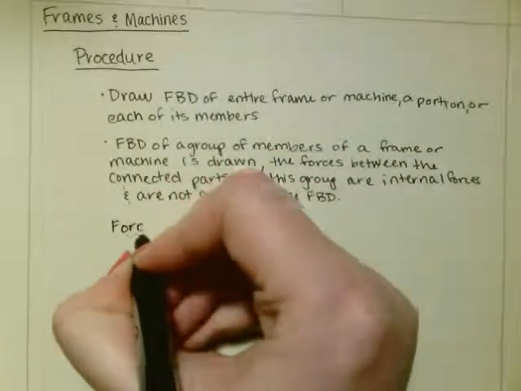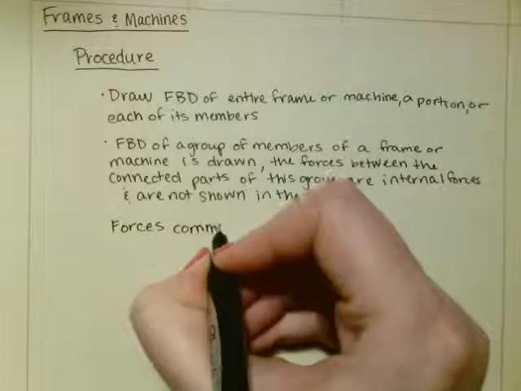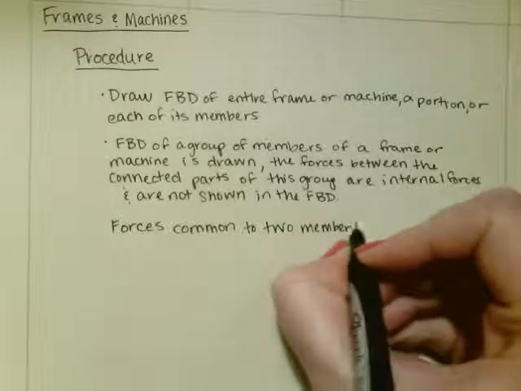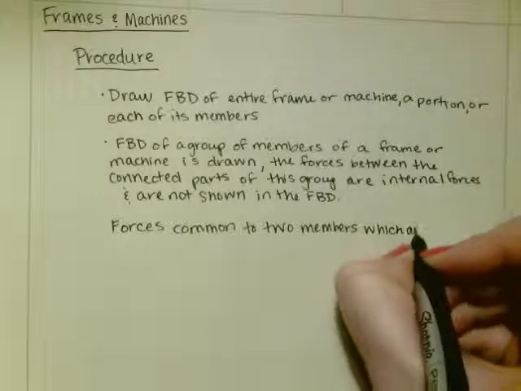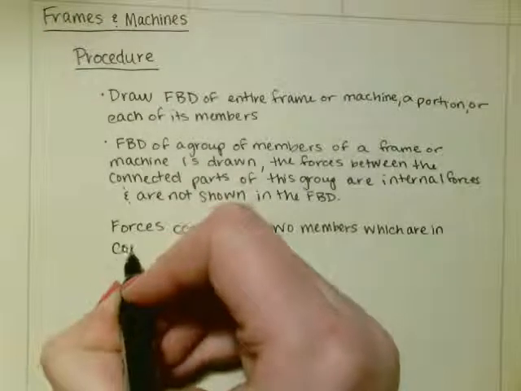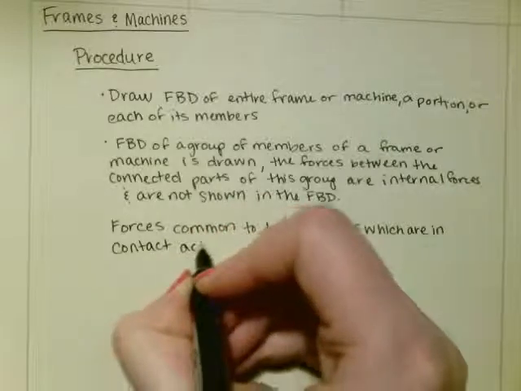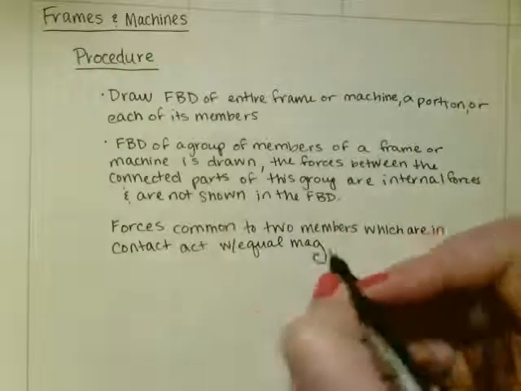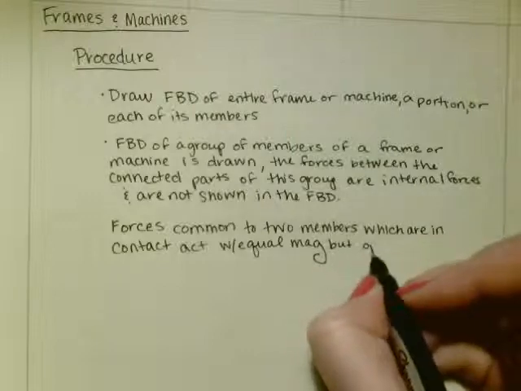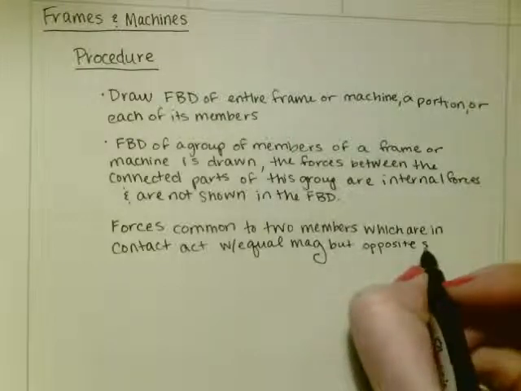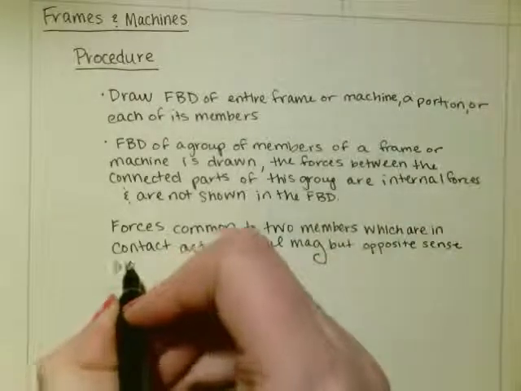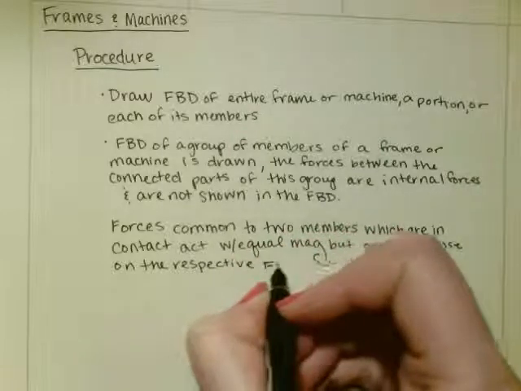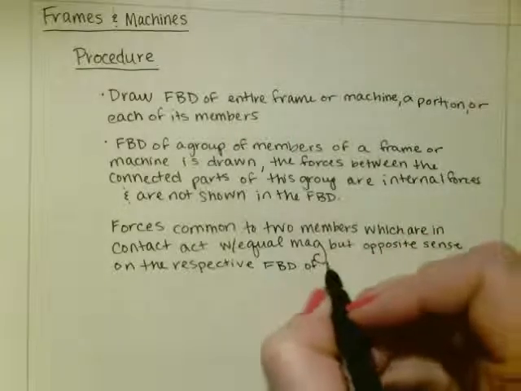So, forces common to two members which are in contact act with equal magnitude but opposite sense on the respective FBD, free body diagram, of the members.